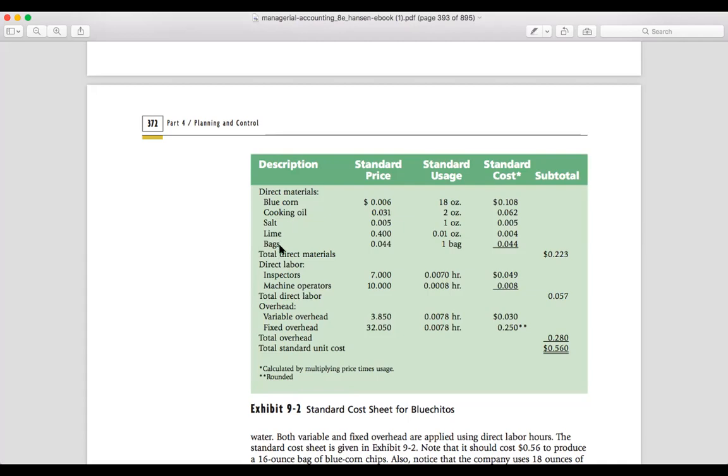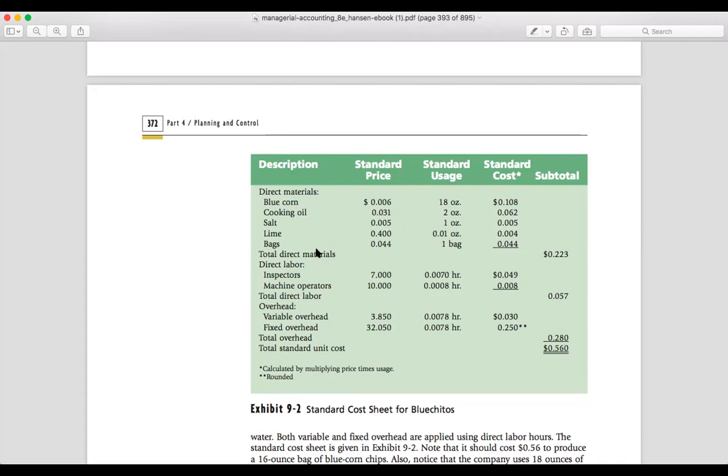Right, so this one, and this is the bags for the packaging, right? Okay, so the package actually is also classified for the direct material. So the Blue Cheetos line has the two types of direct laborer: the machine operator and the inspector, right?